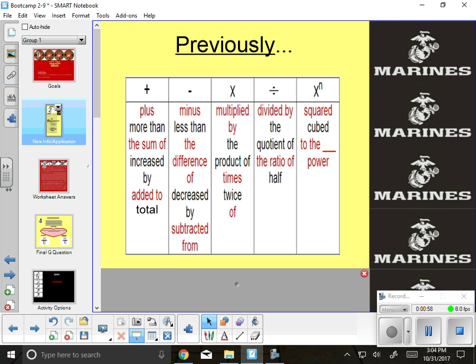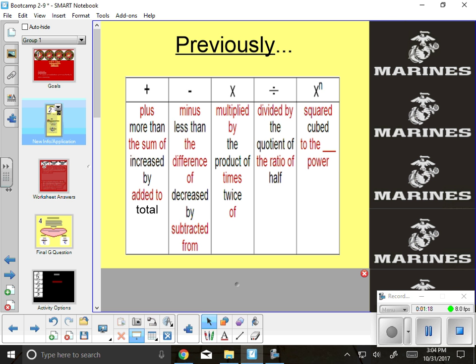These are going to be very important because when you're looking at your different worksheet problems, and also when you're working on your final G, you're going to need to know, for addition, that you'll probably see plus or the sum of, increase by, added to, total.